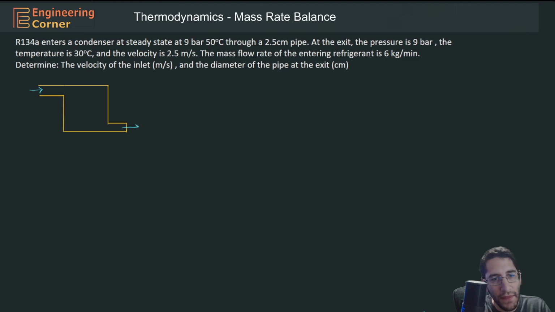I'm going to call everything at my entrance state 1, everything at my exit state 2. So this is my exit, this is my entrance, or my inlet. And let's define what my control volume is. So I just want to say that this is my control volume.